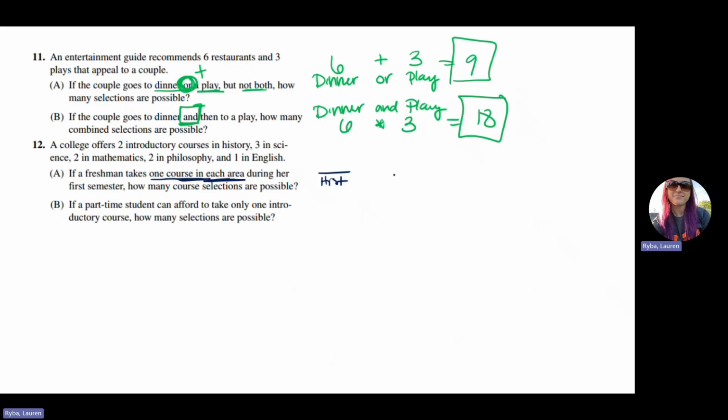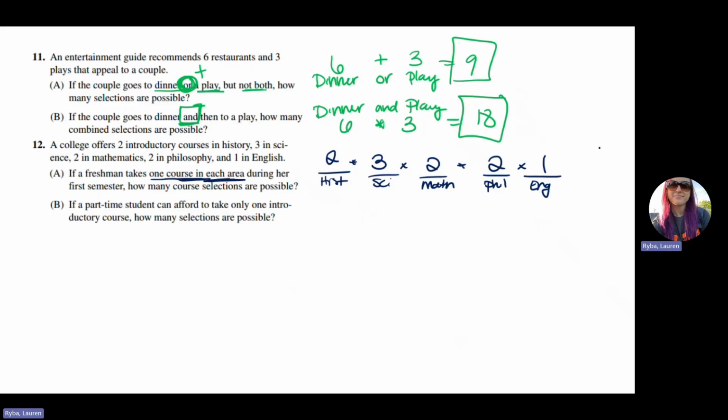So she's taking a history, a science, a math, a philosophy, and an English. She's taking one of all of those. So we just fill in 2, 3, 2, 2, 1. So she's taking history and science and math and philosophy and English, multiply all the way across.